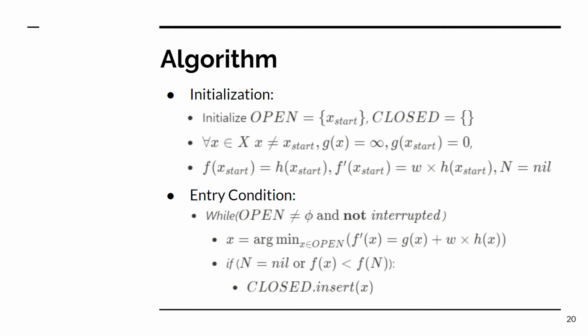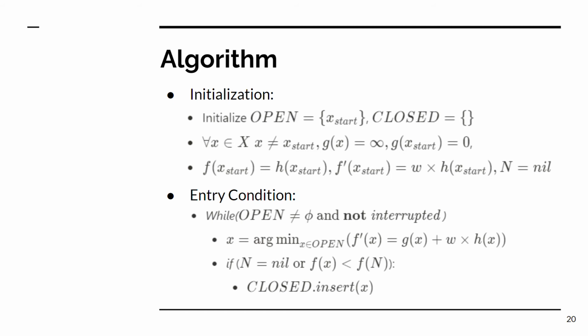Additionally, each state also needs to be initialized with a given heuristic value, and as we have 2 different heuristic functions, each state will have 2 different heuristic values. And finally, an additional item needs to be initialized, which is the intermediate solution. This is a variable, in this case n, which will store the intermediate solution when found.